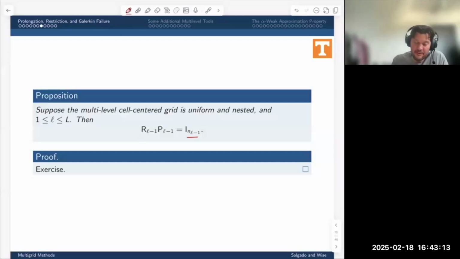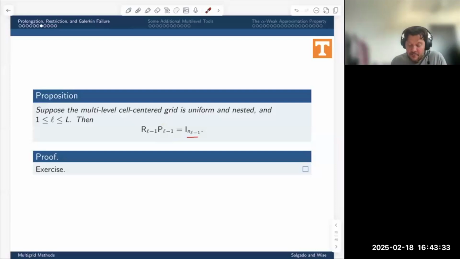First of all, we have to ask ourselves, does this product make sense in terms of multiplication? In fact, it makes sense in either direction. So I could put the P first and the R next, and either way, it makes sense for matrix-matrix multiplication.